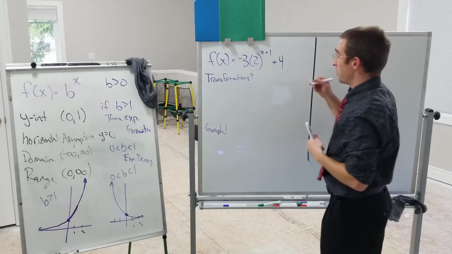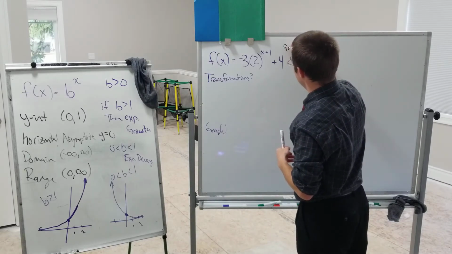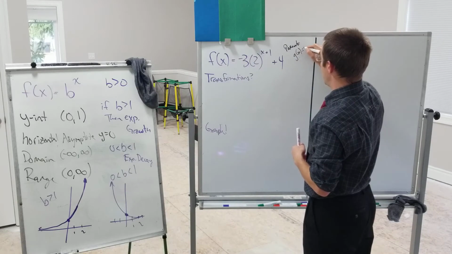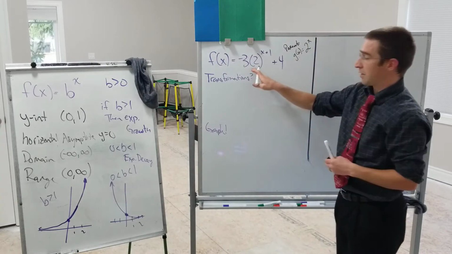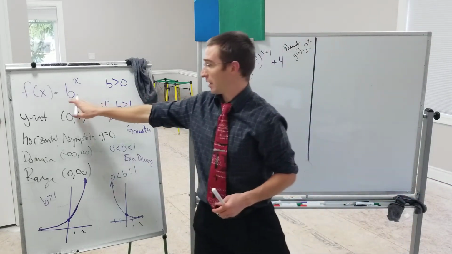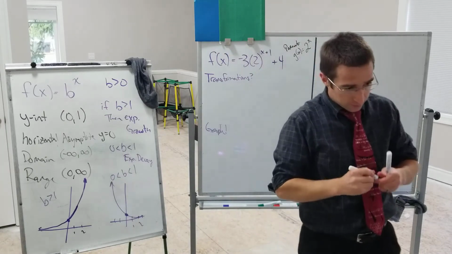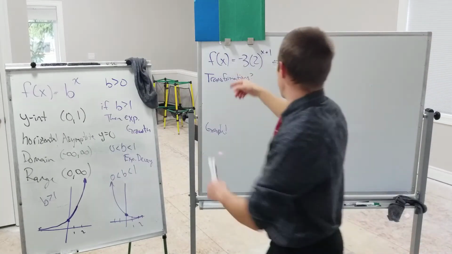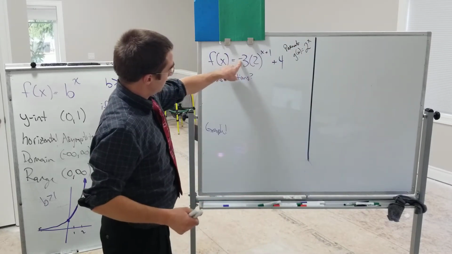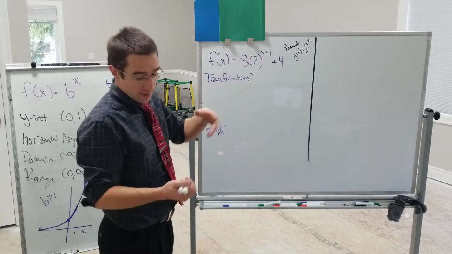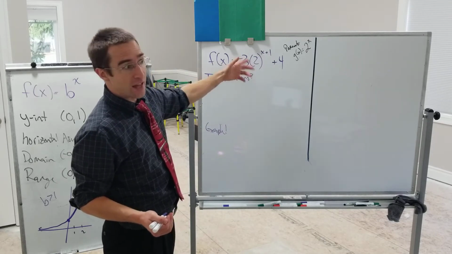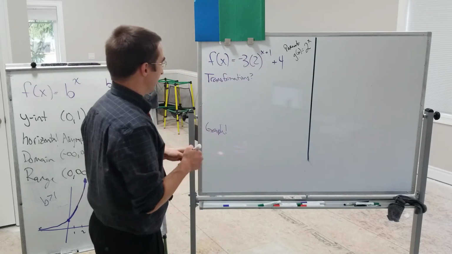So here, the parent function is g of x equals 2 to the x, right? The base is what tells us what our parent function is. All right, so transformations. Well, we've got a negative on the outside. We're multiplying by -3, so it's going to be a vertical stretch by 3 and a reflection in the x-axis. So those are both acting vertically.